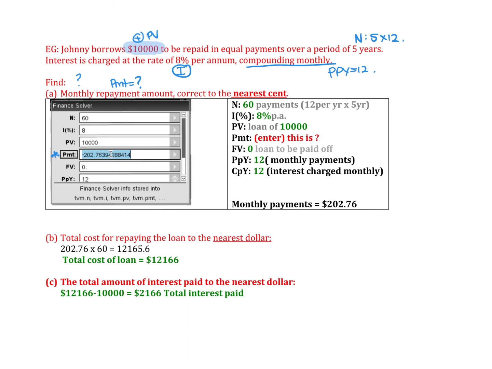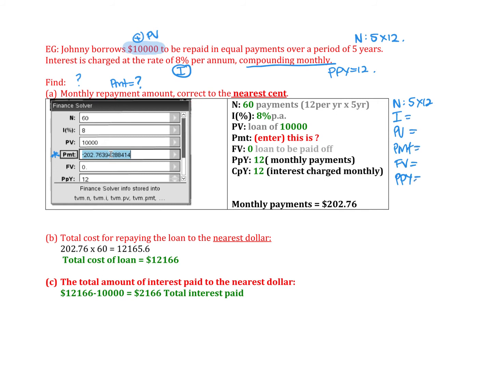All right, so what we're going to do is write down all of them. Generally on my page, I've written it there. I start writing them all out. I generally write them all out first. So I write N, I, PV, payment, FV, and PPY. This is how I do it. And then I go through my question.